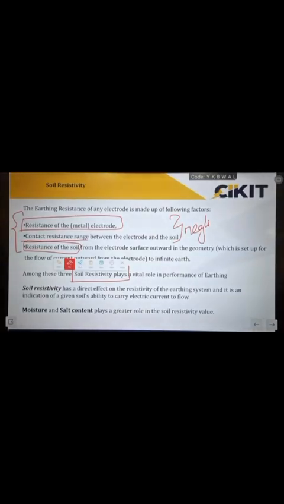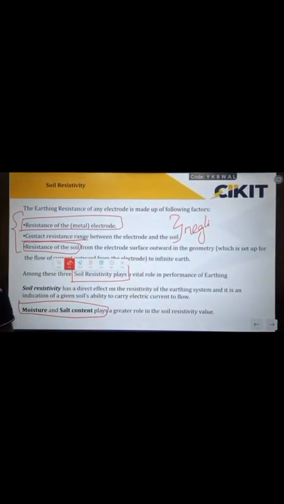The soil resistivity depends upon the moisture and salt content of the soil. If the soil has very good moisture, then the resistivity will be lower. In dry conditions, the moisture content will be much lower. So if we are measuring the earth electrode resistance or performing soil resistivity measurement, we should do this measurement only in the dry period, and we should not perform this test in wet conditions or rainy seasons, because the resistance value will reduce from its normal value because of the moisture content.